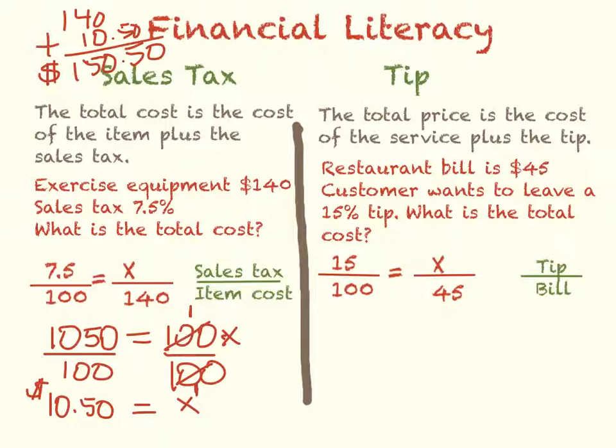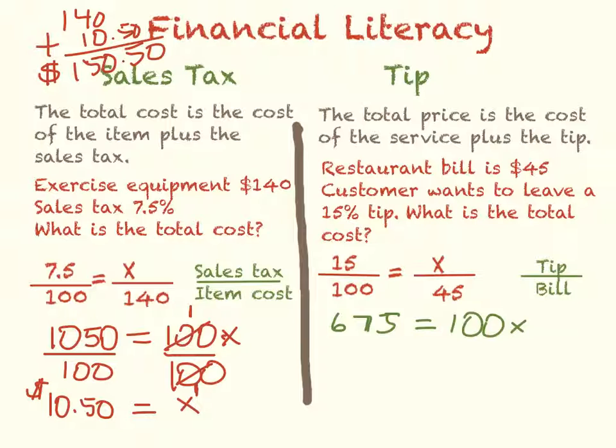So we multiply those, and you get 675. 675, oh my goodness, is equal to 100 times the variable x.